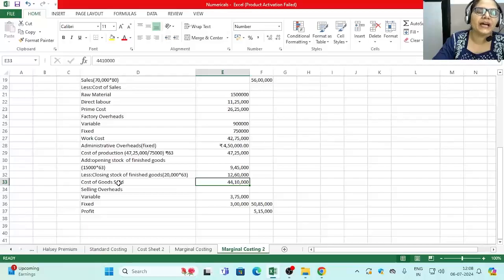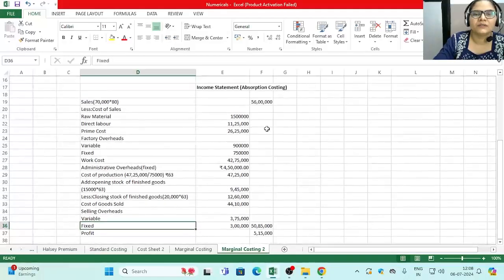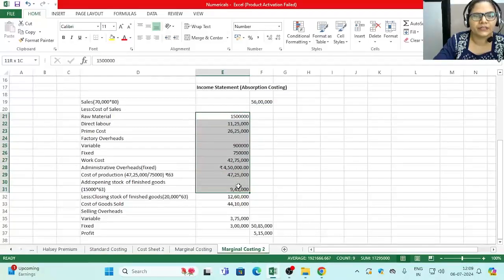And we usually add selling overheads to cost of goods sold, which are given as variable and fixed. We will add them, and finally we will get the profit figure. We will do all these adjustments. First, we will add all these figures, from here to here. Then we will deduct closing stock.